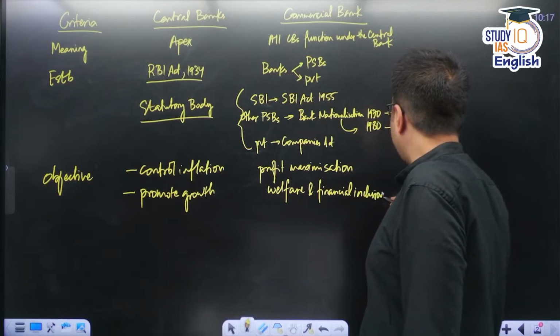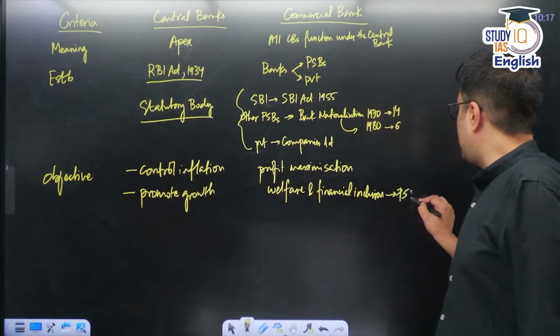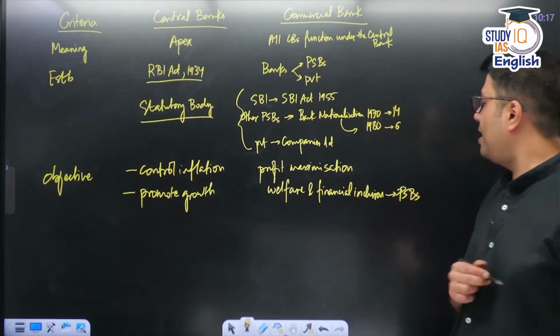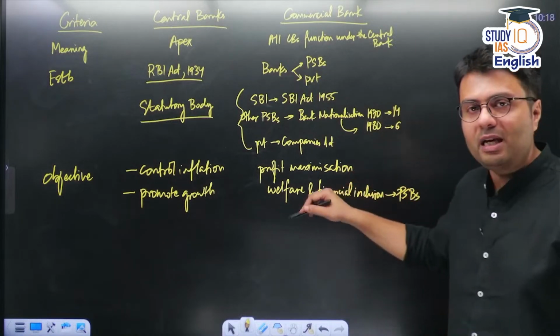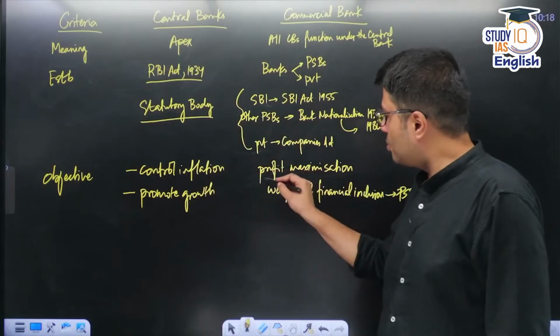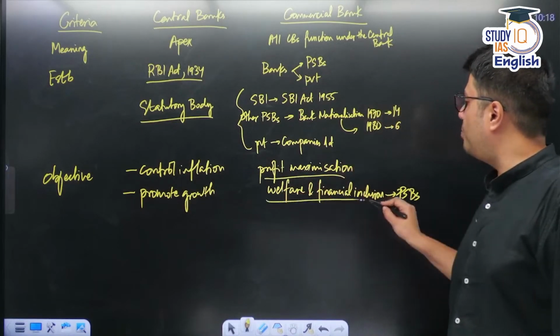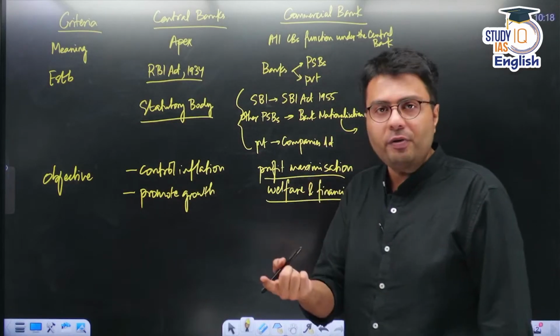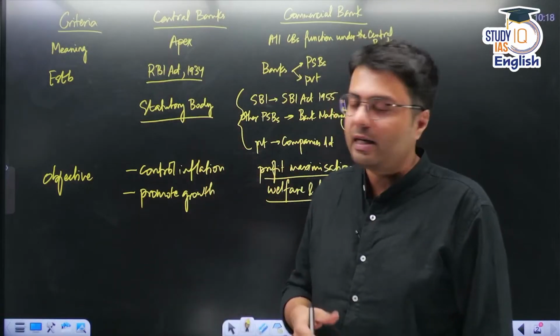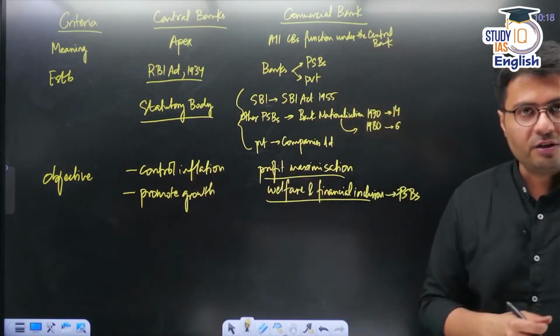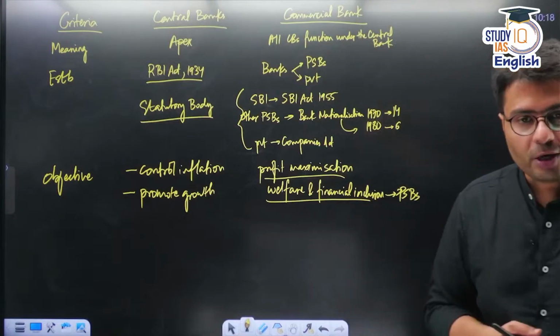So the primary objective of public sector banks is to ensure welfare and financial inclusion, while at the same time they are corporate in nature. So I can also say their objective is also to make profit or to maximize their profit, right? So these are the fundamental differences between central and commercial banks.